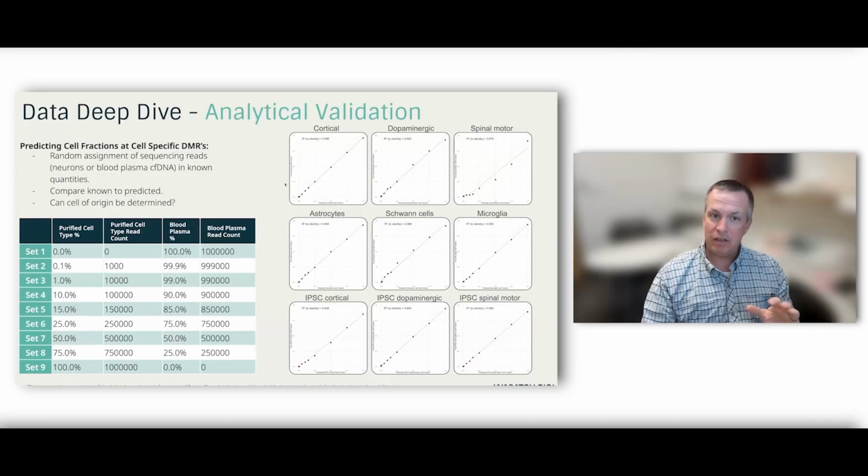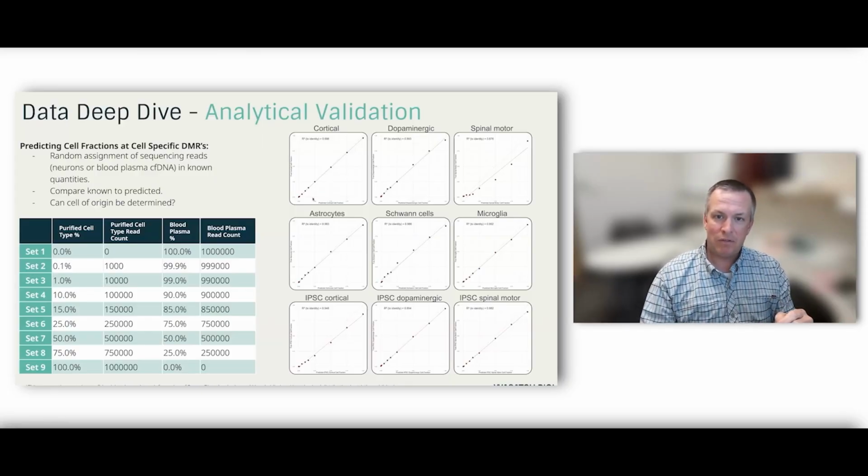This graph here is just showing that this has potential to work. These are computationally derived models that are looking at spiking in reads from known cortical neuron DNA into blood plasma as a background in known amounts.